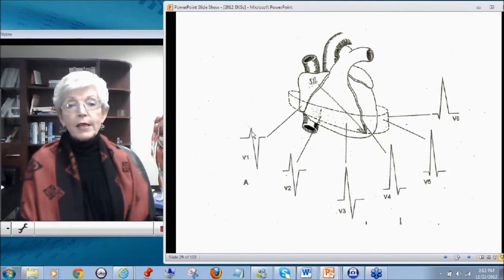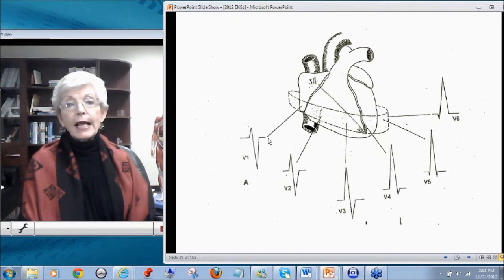You'll see that the R wave is just a little bit because it's coming at it for a short time before it becomes negative. Here it's a little taller. Here it's even taller, and then taller and taller. We call this the R wave progression as you're chasing across the precordium from right to left.